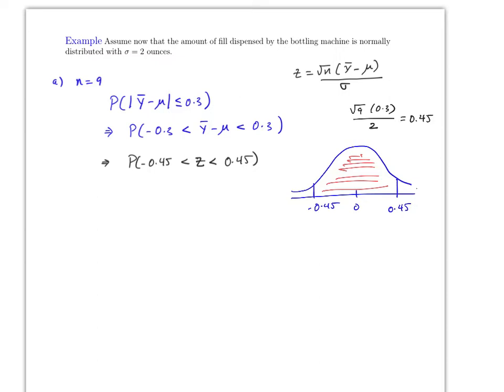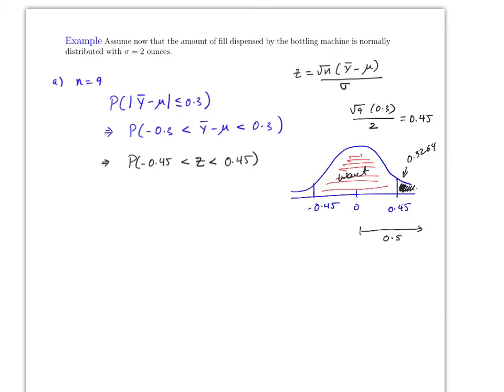So you look to the table from the book. The book says that this area right here, this area in black for 0.45, is equal to 0.3264. Remember that this is not what we want. We want this area. Notice that from here to here, this has to be 0.5 in terms of area.